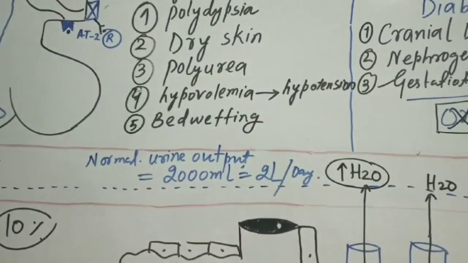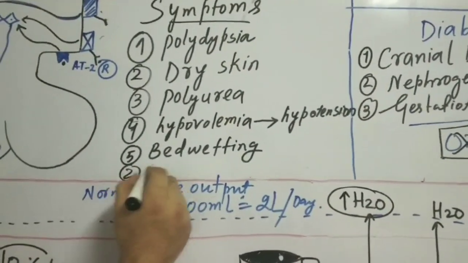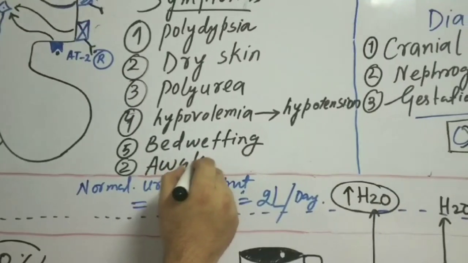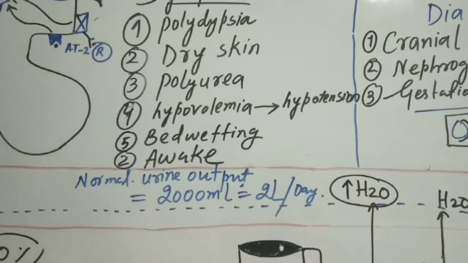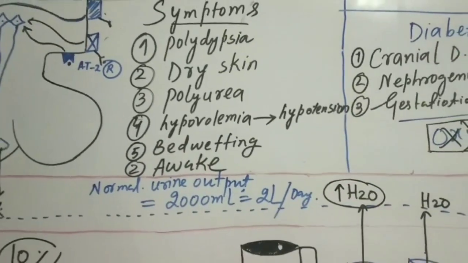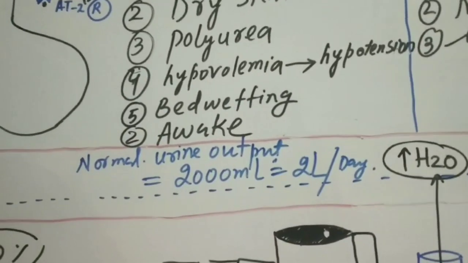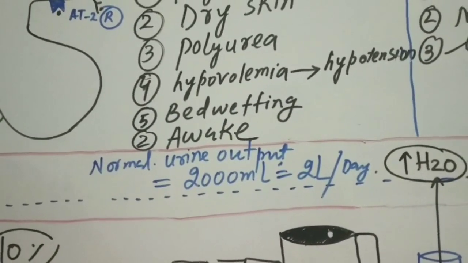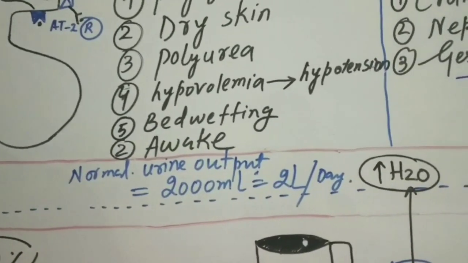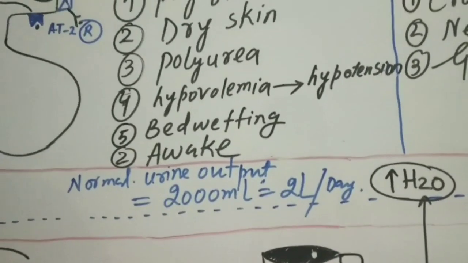You will see a person is awake the whole night due to the urge to urinate. There are other symptoms, as I have already mentioned: polyuria, polydipsia, bed wetting, dry skin, and waking at night.